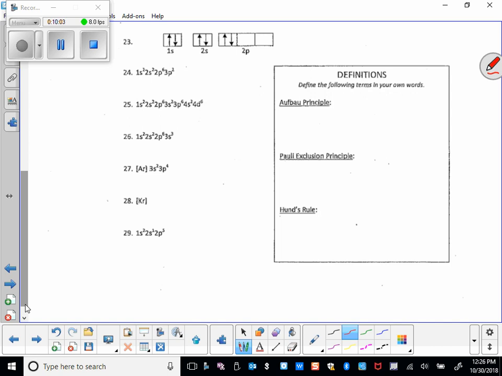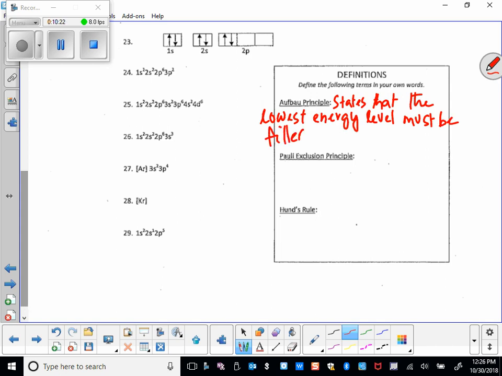Our first principle states that the lowest energy level must be filled first. Lowest energy level first. Aufbau means to build up, is the German word, is what I'm told. I don't know German, so anybody who knows the German language will perhaps relate to this more than I can.